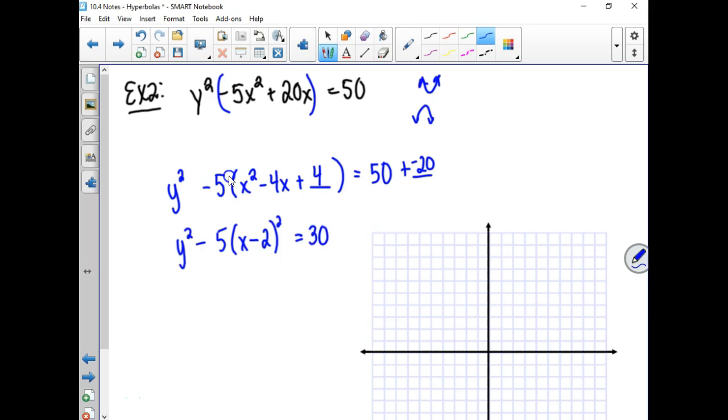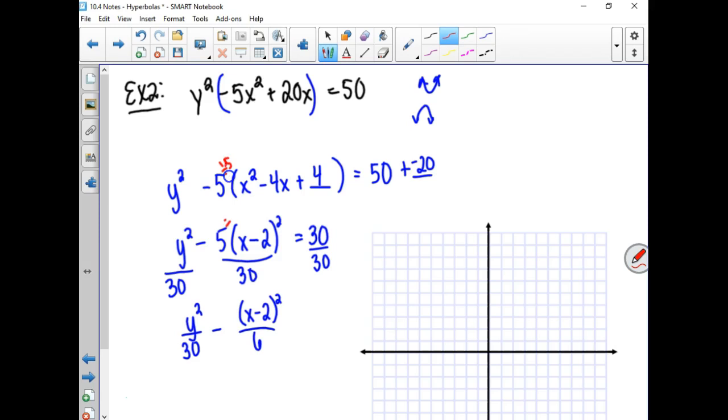And here's another example of where you're going to divide by 30 and they don't switch, but they will at least reduce nicely here so you don't have to have an ugly fraction or decimal. So we get y squared over 30 minus x minus 2 squared over 6, because you're reducing here by dividing by 5 on top and bottom, and that will equal 1.